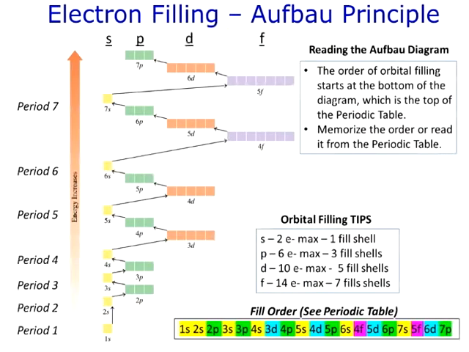So before we fill this carbon atom with its electrons, let's take a look at what we mean by that order of energy. The diagram on the left starts with period 1 at the bottom, and we work through the other periods as we go.